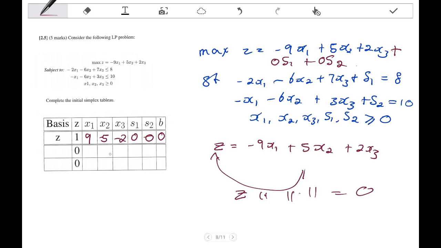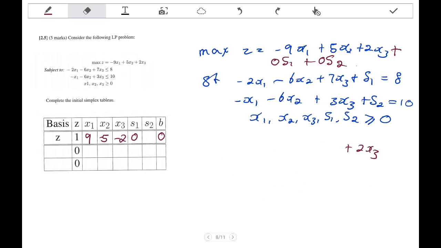And then the second line here, this space here, is for basic variables. You write the basic variables. So basic variables, as I told you, are the variables that have a 0 coefficient on the objective function, and then the coefficient of positive 1 on one of the constraints, sorry. So we have s1.